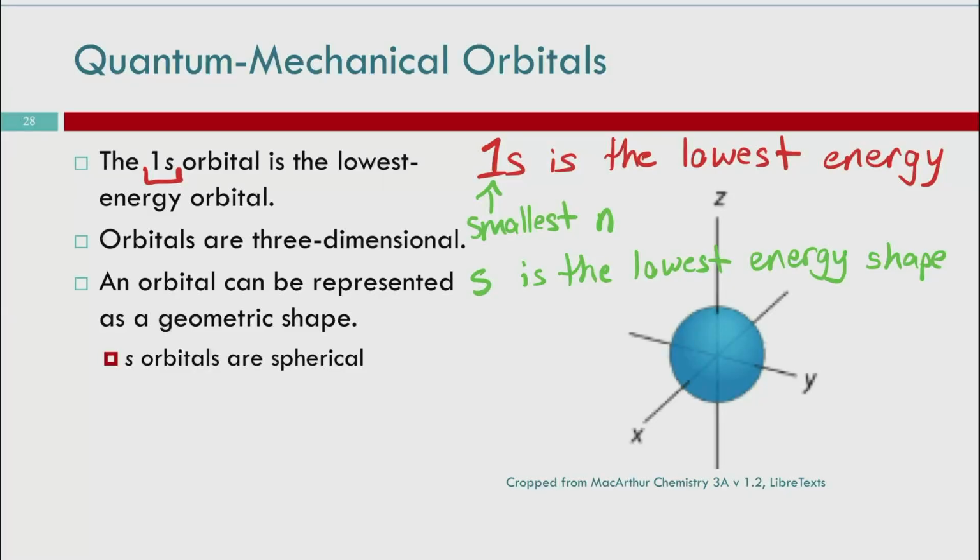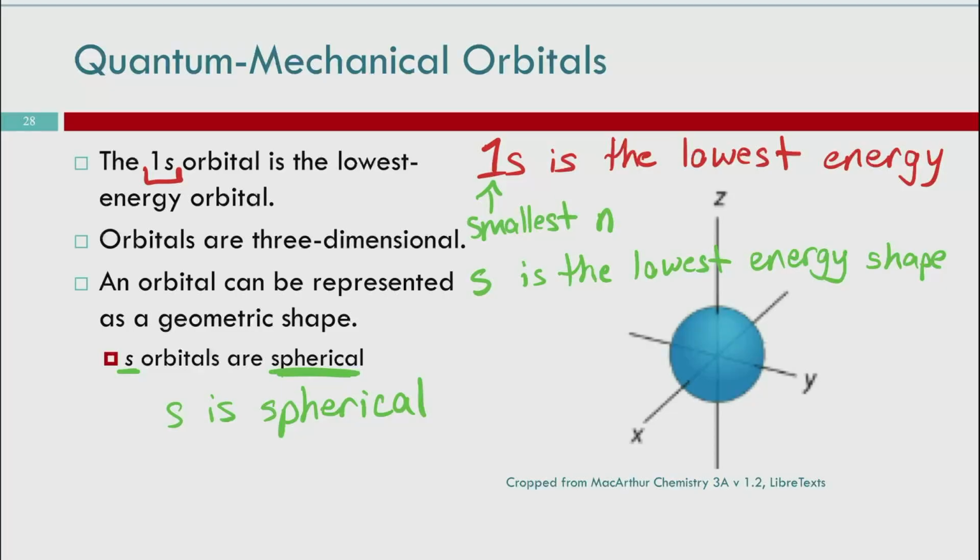Since we exist in a three-dimensional space, our orbitals are also three-dimensional in terms of their shape. Very conveniently for us, our s orbitals are spherical. So s for spherical. We can think of it as just a ball.